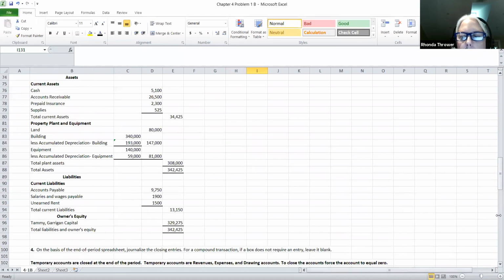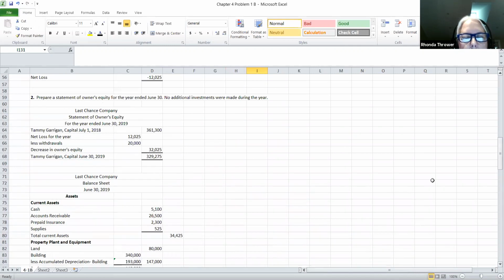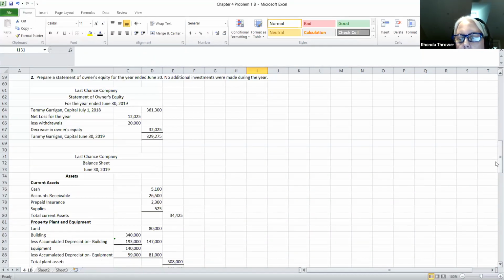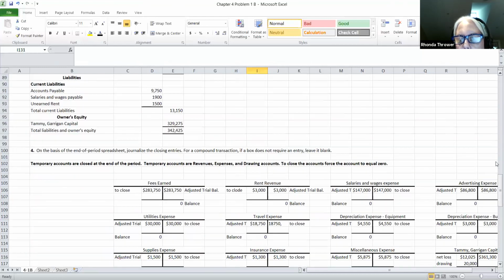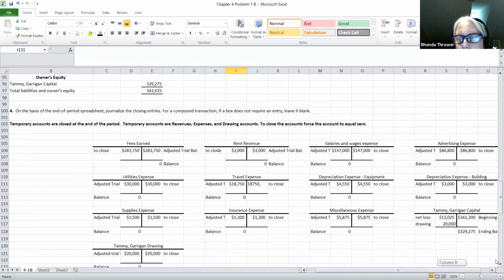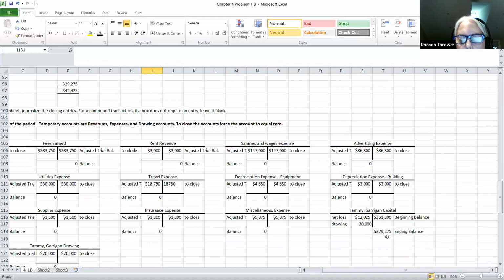So the statement of owner's equity is right here. Do you see this amount is in agreement with the capital amount of the balance here? They have to be in agreement.